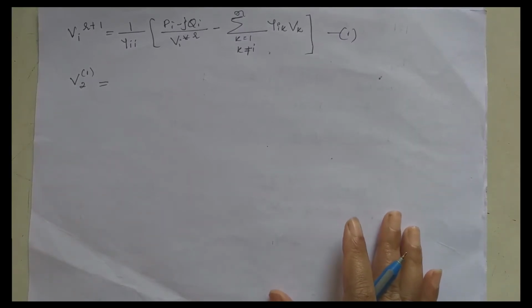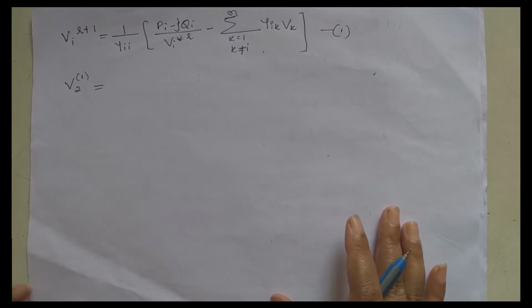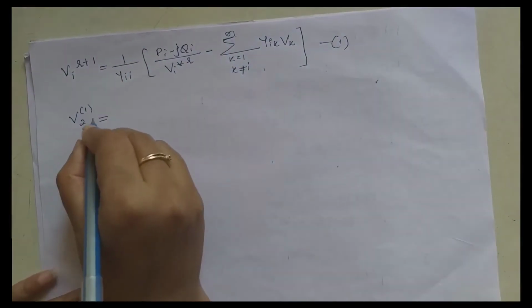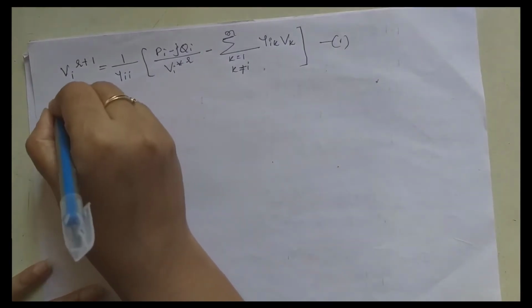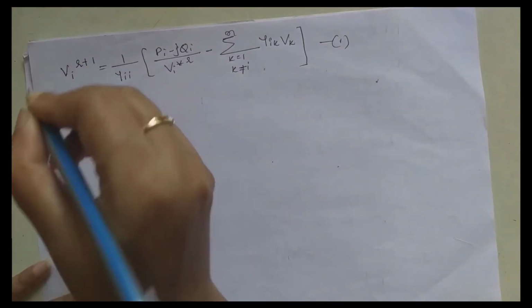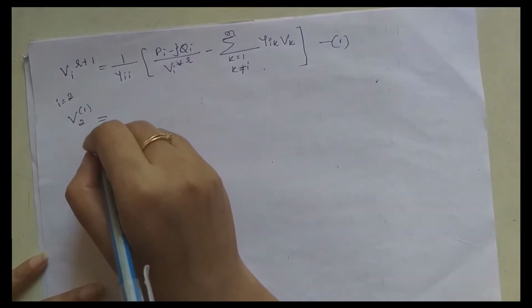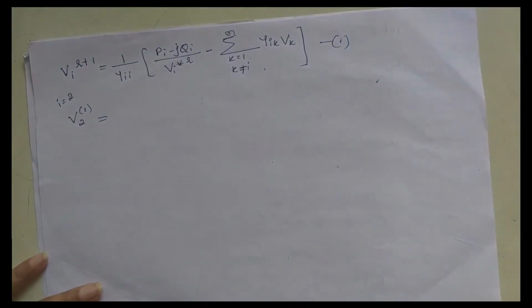Considering V2, why V2? First bus is a slack bus, second bus is a PQ bus, third bus is also PQ bus.